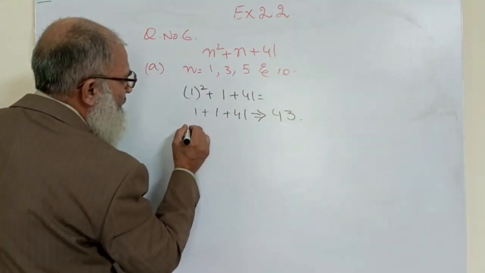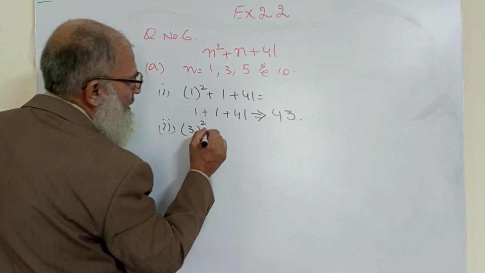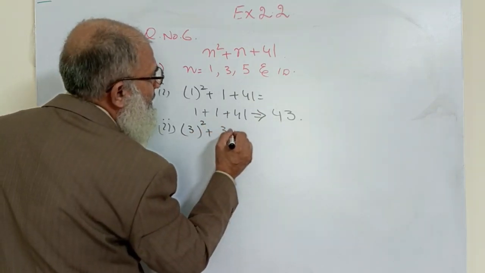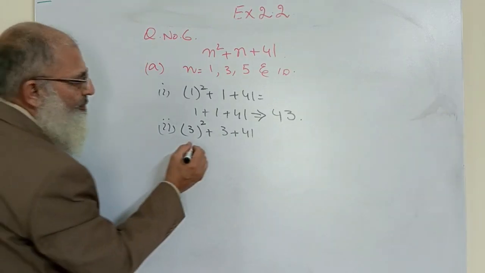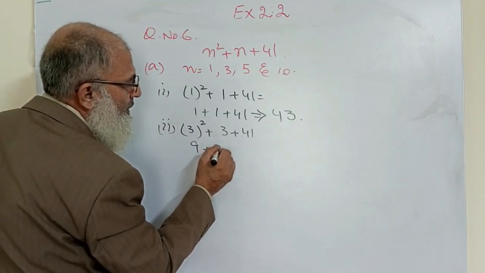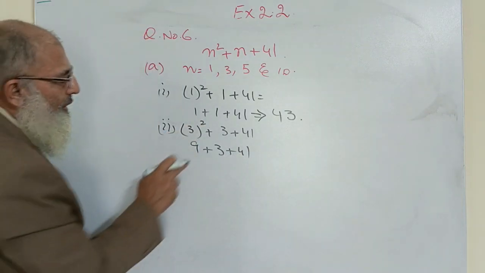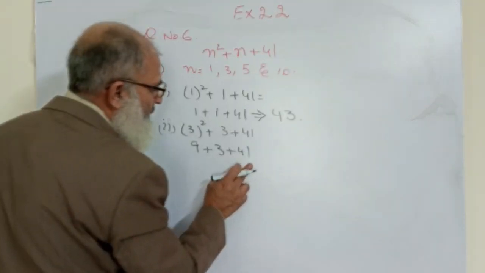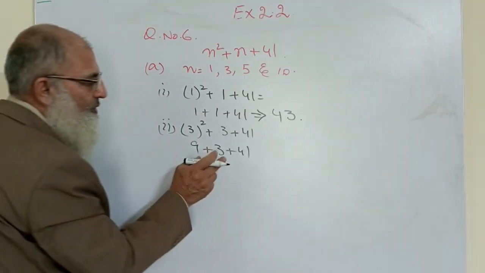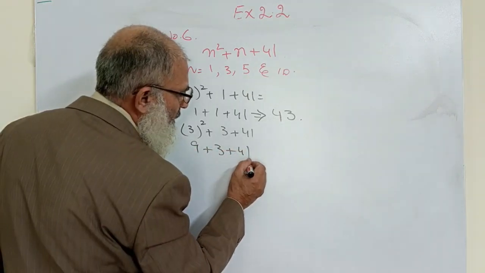For 3, this is part 2, 3 square plus 3 plus 41. So these are all the same sort, because we are squaring 3. So 3 square is 9, 9 plus 3 is 12, and 12 plus 41 is how much?